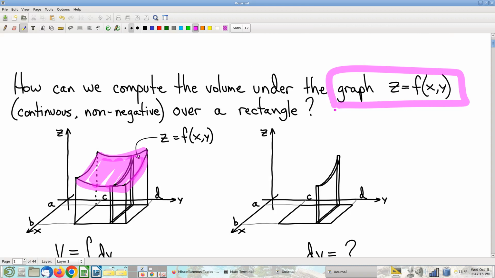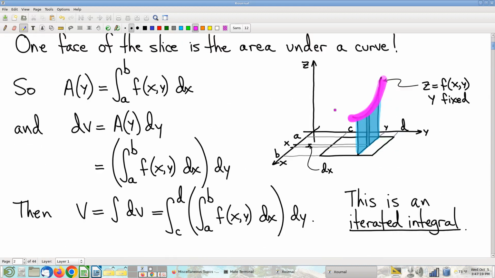So, what about the curve? Well, the curve is what you get when you fix that value of y. In other words, when you take a cross-section perpendicular to the y-axis, and you're fixing a value of y, so I'm going to gray that out there, y is now fixed.